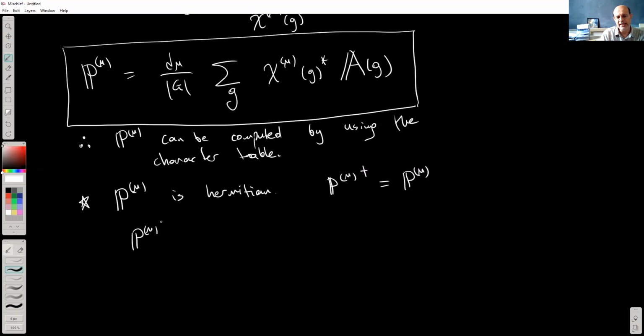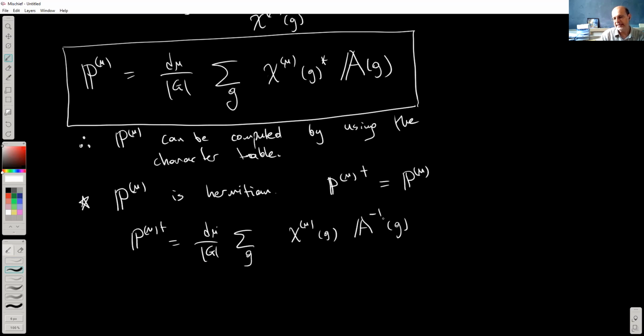So P_mu dagger would be d_mu over g, sum over g, chi_mu of g, and then the Hermitian conjugate of A of g. But I know that this is unitary, so this Hermitian conjugate is the inverse of this matrix in here.